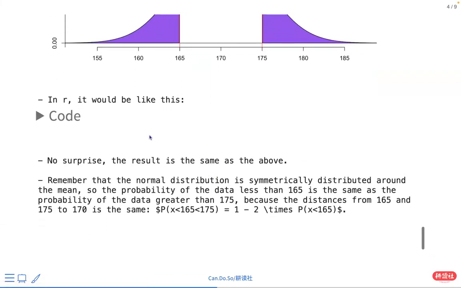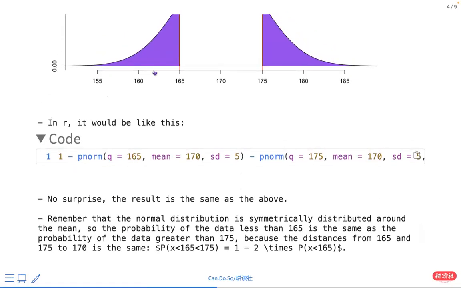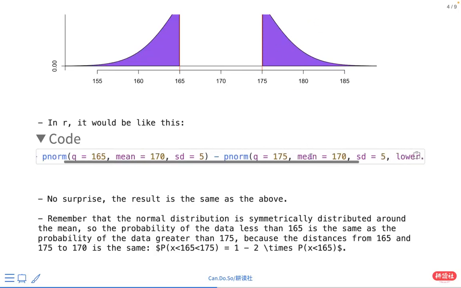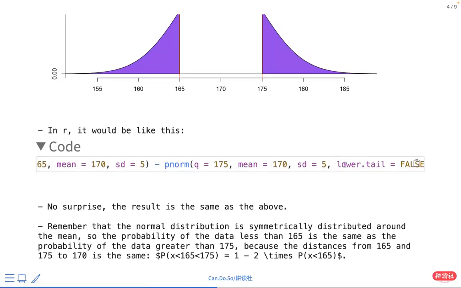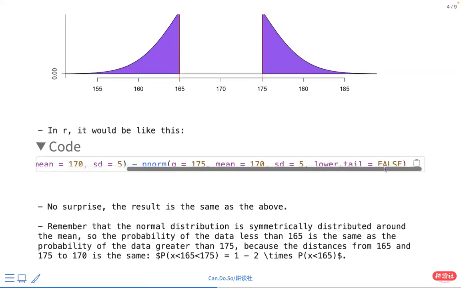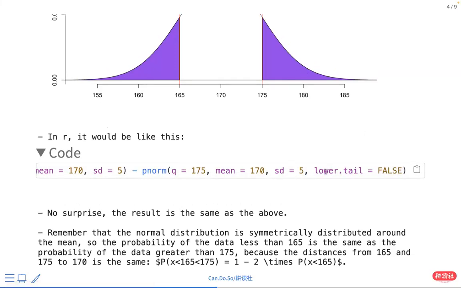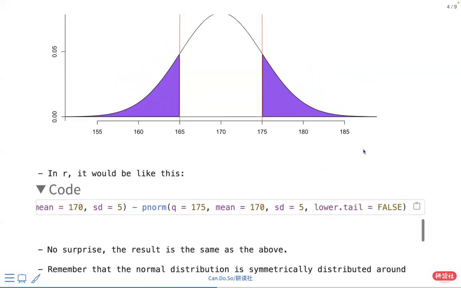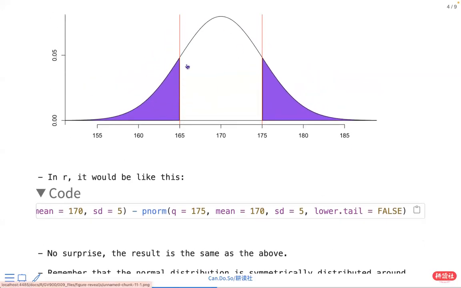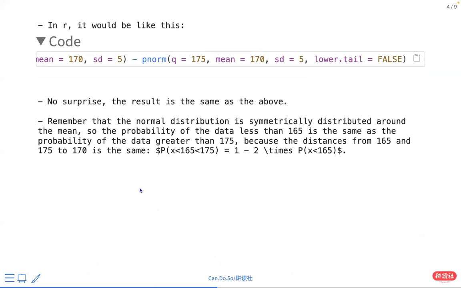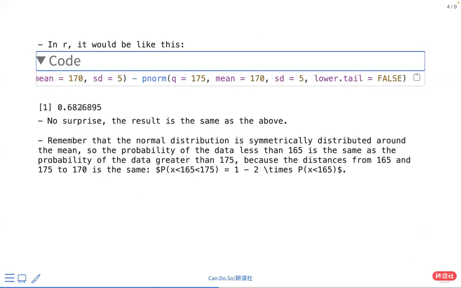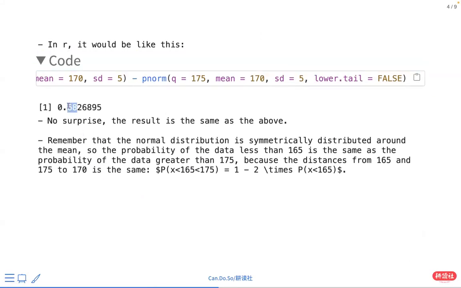In R, it will be like this. Remember, this part we have to set as lower.tail equal to FALSE, because if lower.tail is TRUE, it will calculate this other part. And no surprise, it's also 68%.